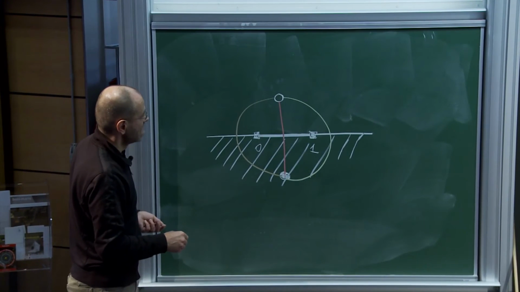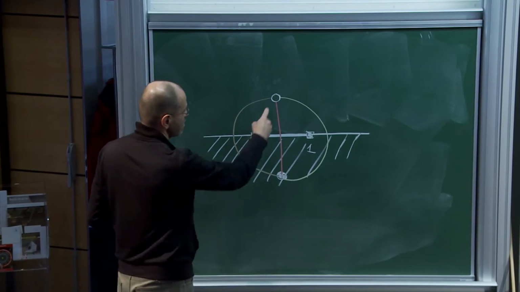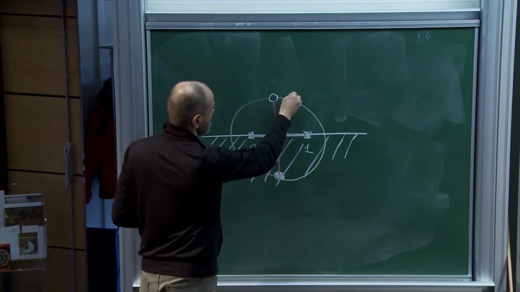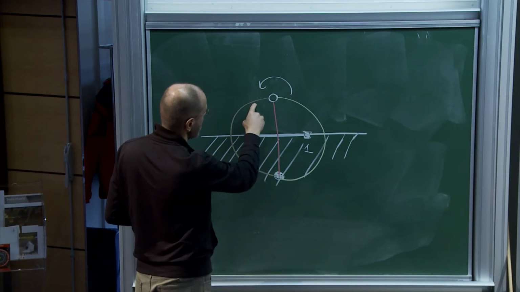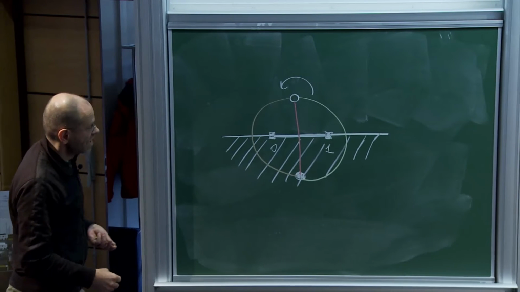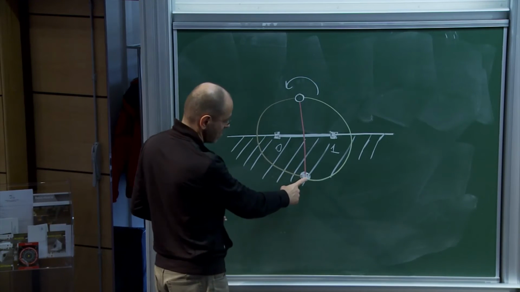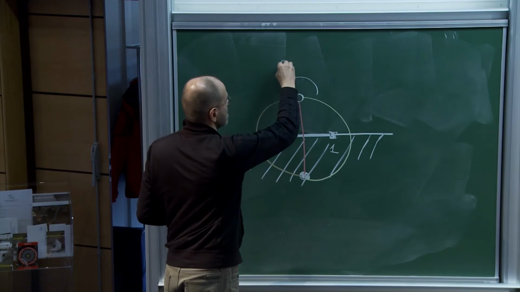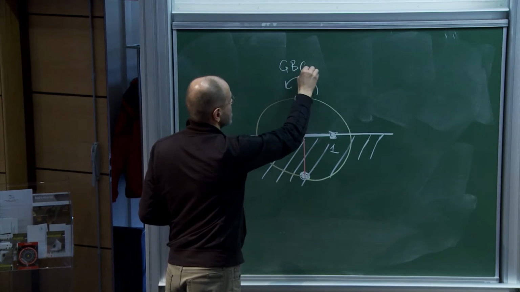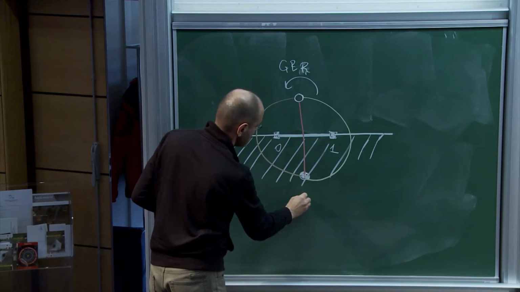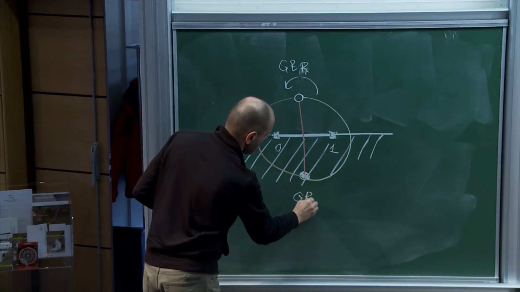At the preimages of white vertices, the order of half edges is green, brown, red, and at the preimages of black vertices, it's the opposite: green, red, brown.